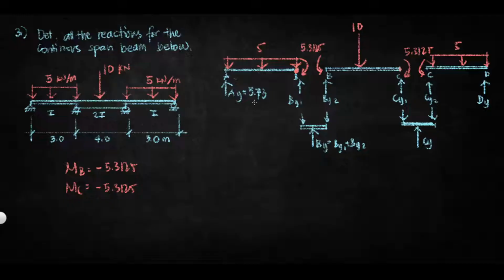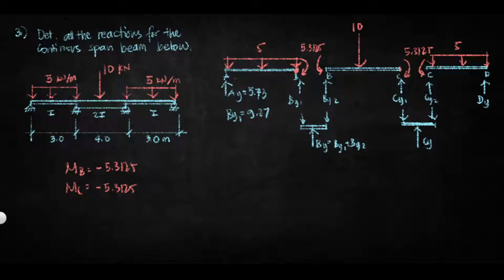So we have BY1 is equal to 9.27. We're going to compute that. 9.27 plus 5.73 is equal to 15. So, ang downward uniform distributed load natin is 5 times 3, 15. So, ang answer po, 0.